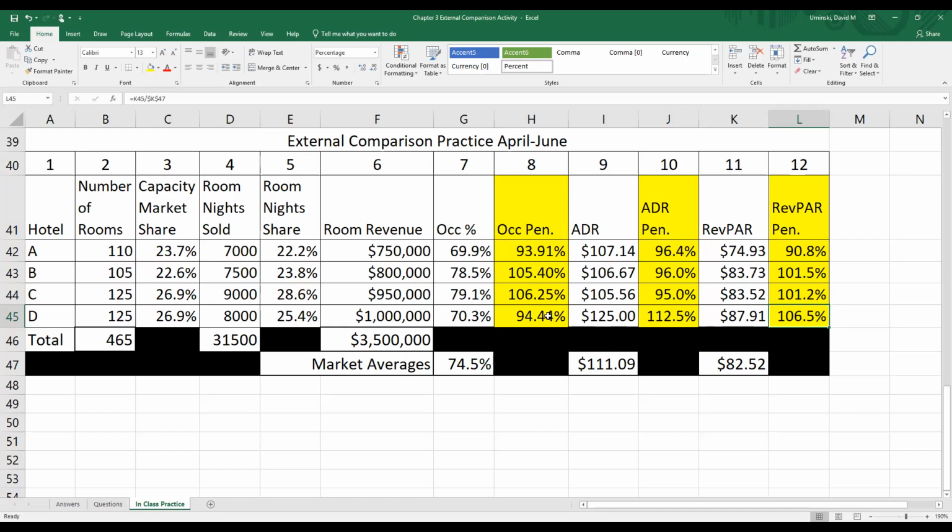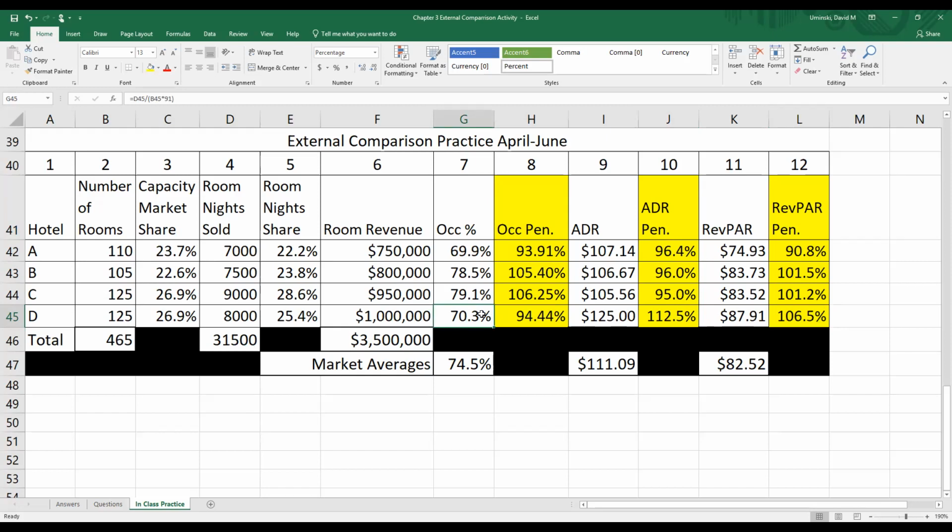And so by looking at this, yeah, they had the lowest occupancy, but like somebody told me one time, ADR and RevPAR is the money that you take to the bank, right? You may not have the highest occupancy.